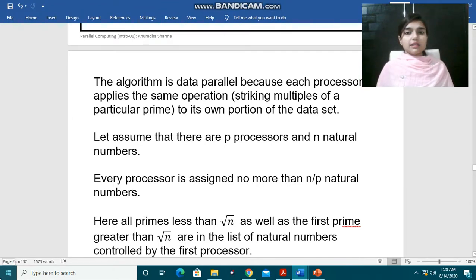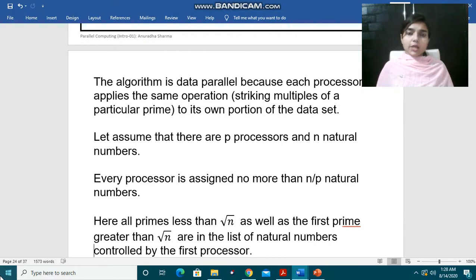Here this algorithm is data parallel because each processor applies the same operation, striking the multiples of a particular prime, to its own portion of the data set. Here we will assume that there are P processors and n natural numbers.